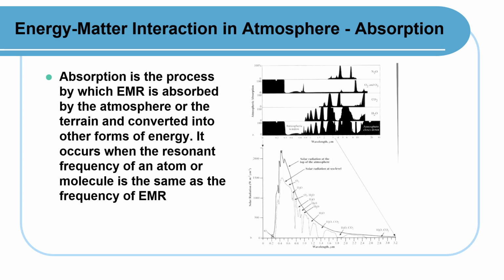So if we look at the diagram at the top, it is showing you absorption windows for nitrous oxide, symbolized by N2O, oxygen and ozone, carbon dioxide, water, and then at the bottom is just a general schematic of various atmospheric windows.